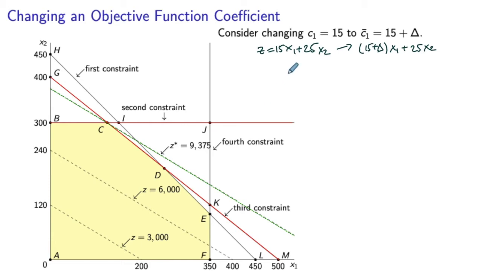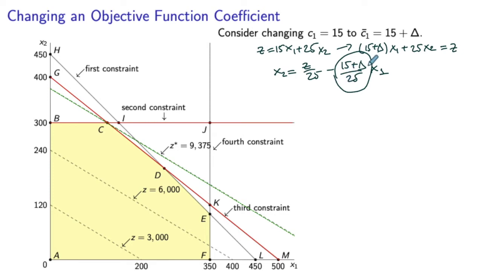When we express x2 through x1 from this expression, our z is given by this here. So x2 is z divided by 25 minus (15 plus delta) over 25 times x1. So we see that the slope of our line is now given by (15 plus delta) over 25.